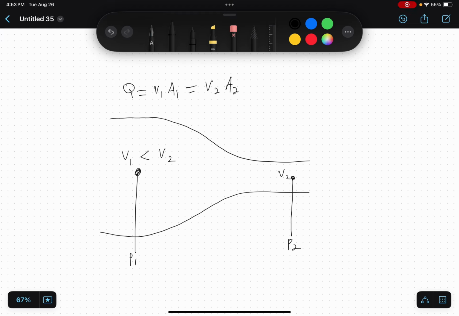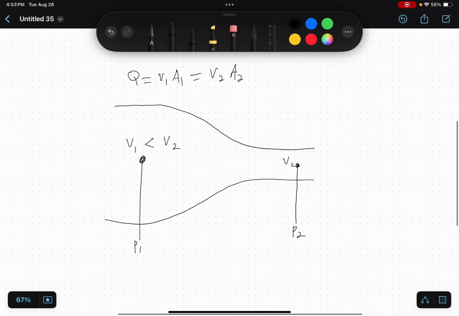But the velocity changes as a function of area. So on the left side, at point 1, we have a large area, so we're going to have a small velocity. But on the right side, at point 2, we have a small area, so we're going to have a large velocity. And from the Bernoulli, as a baseline, if velocity increases, pressure decreases. So that is conceptually how the Bernoulli equation is used.